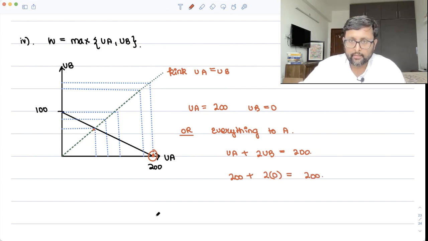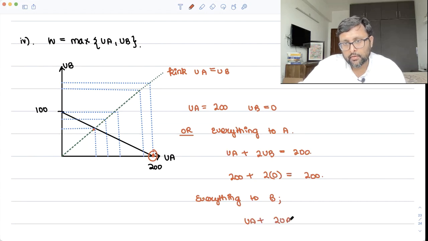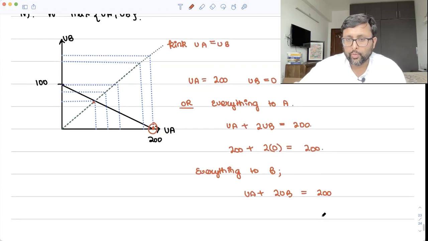Right? Okay. Or you give everything to B. So if you give everything to B, in order to get 200, UA would be 0 and UB has to be 100.